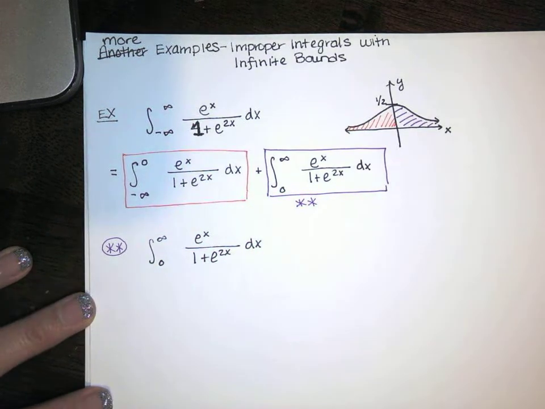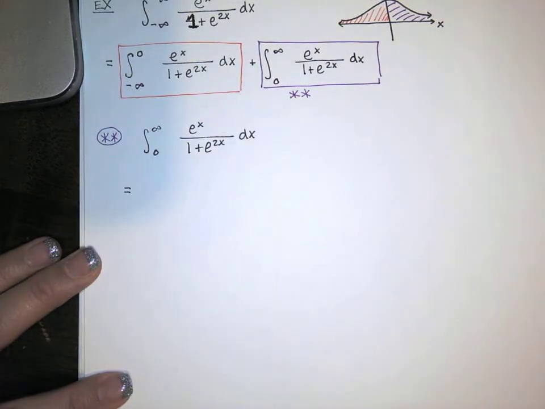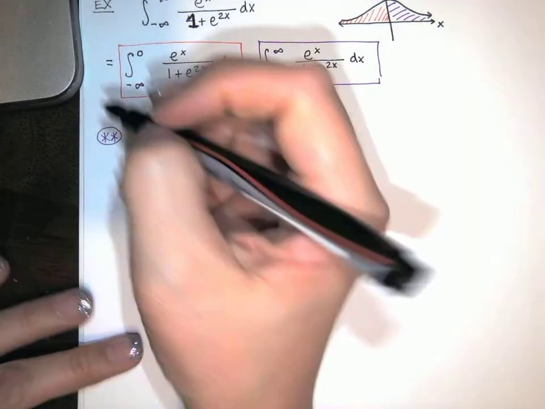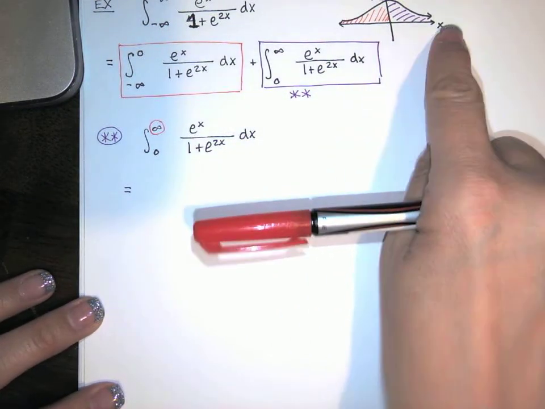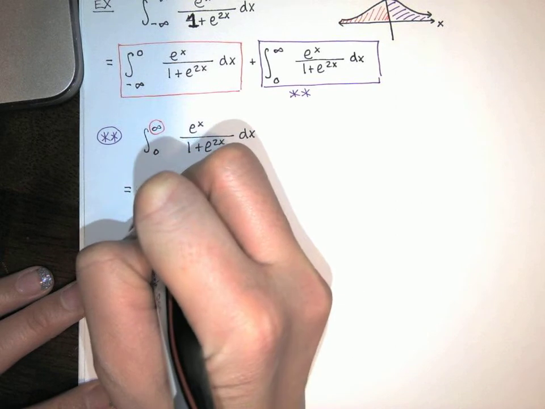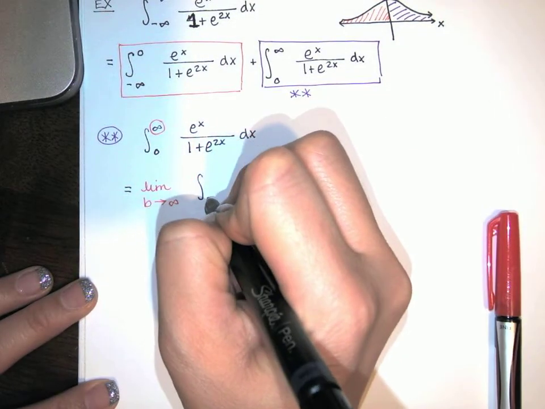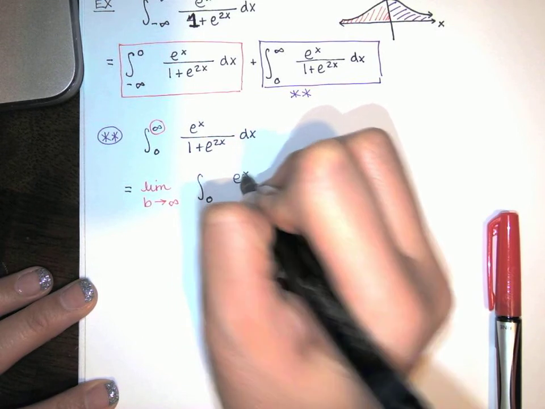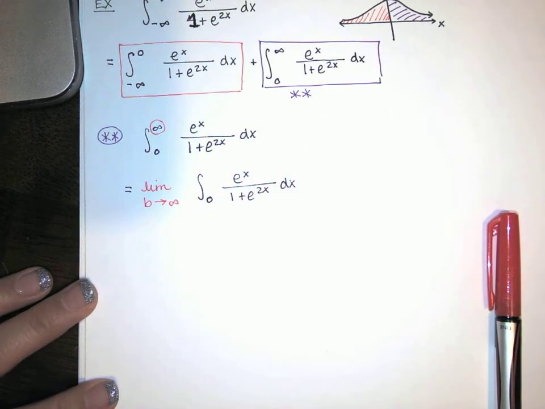First we notice that it's improper, so we write it as a limit. The problem occurs at infinity, at that upper bound. That means we've got an infinite, unbounded domain, so we have to write it as the limit as b goes to infinity of the integral from 0 to b of e to the x over 1 plus e to the 2x dx.